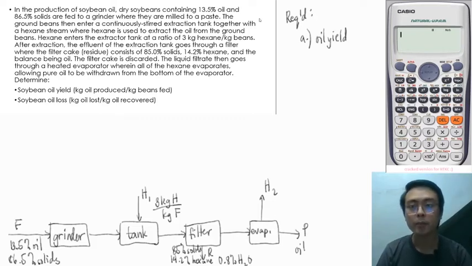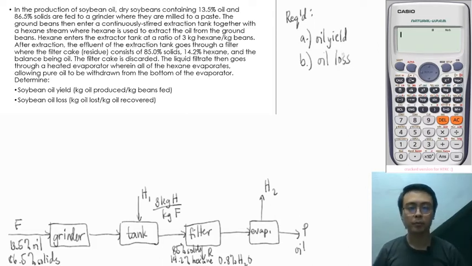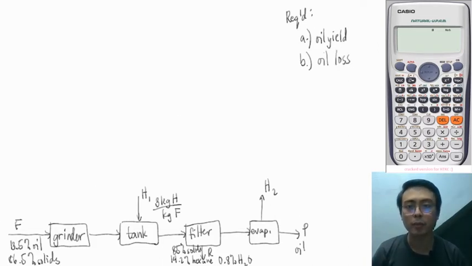And letter B, soybean oil loss, which is the amount of oil lost over the amount of oil recovered. Okay, we can remove this now.